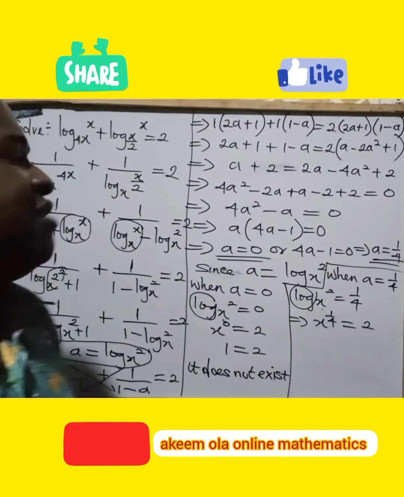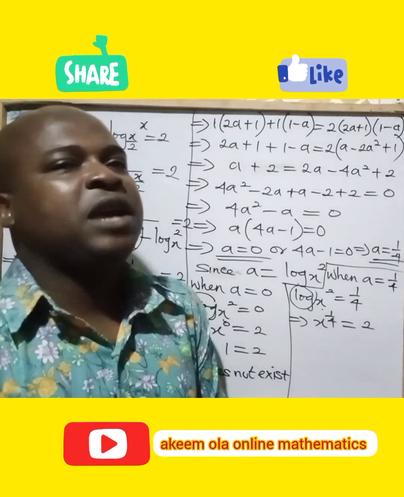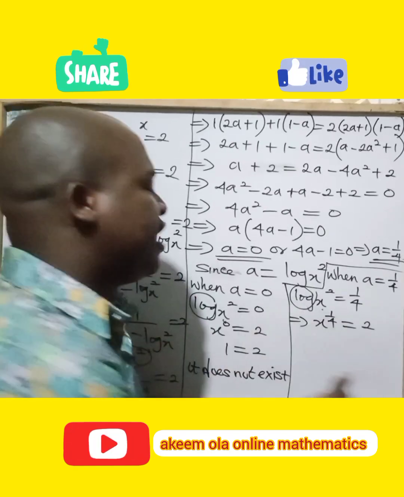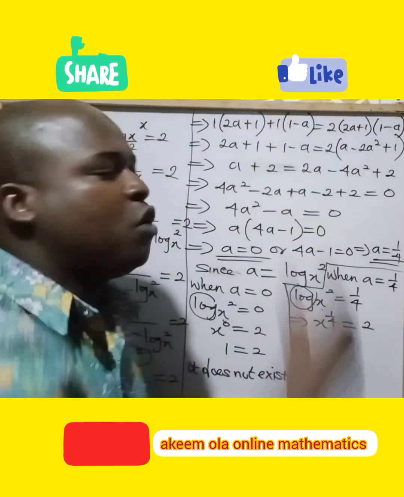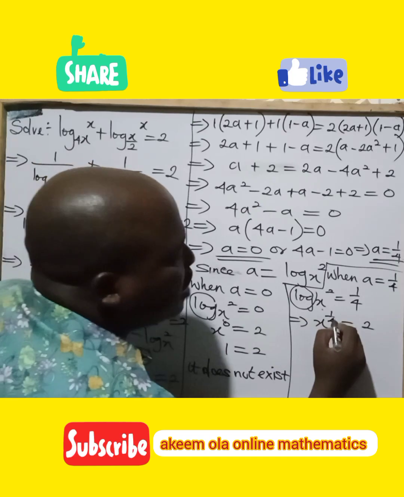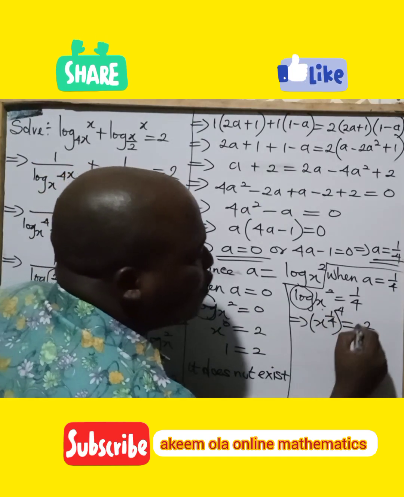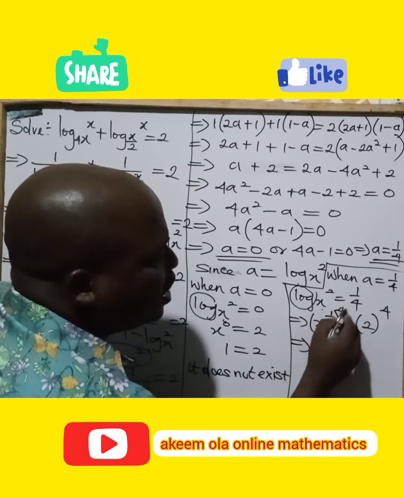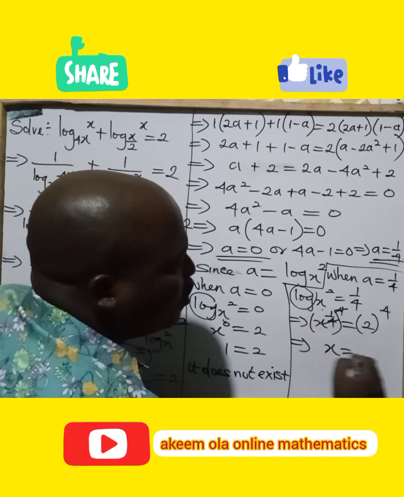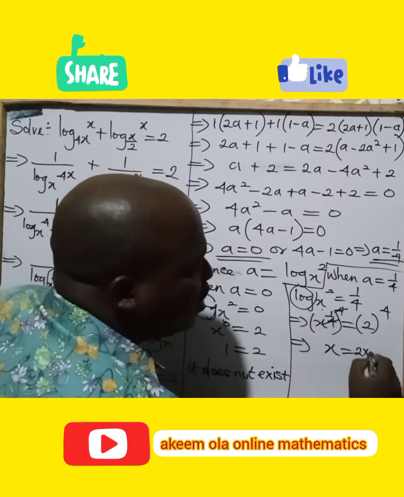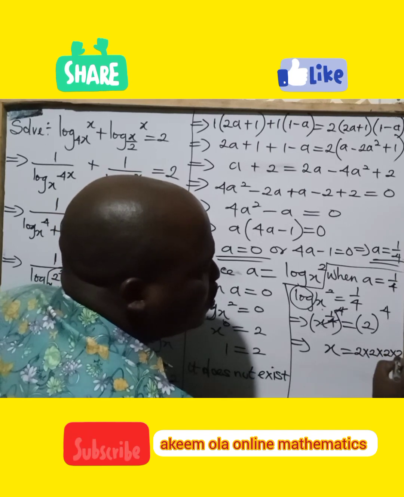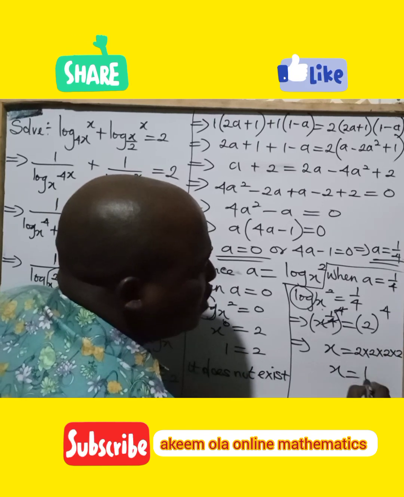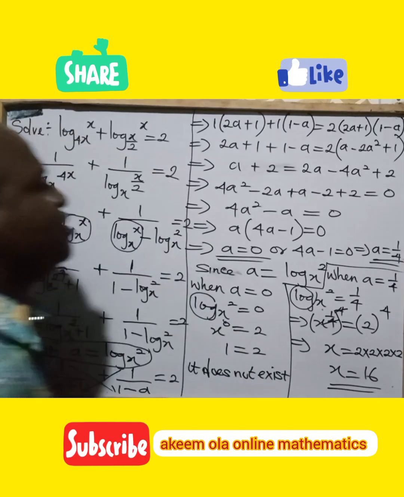The only way I can simplify this now is by raising both sides, here and here, to the power of 4. So I raise both sides to the power of 4. Raise this to 4. Also raise this one to 4. If I raise it to 4, the 4 here will cancel. So we have our x now will be equal to 2 times 2 times 2 times 2. So x now will be equal to 16.